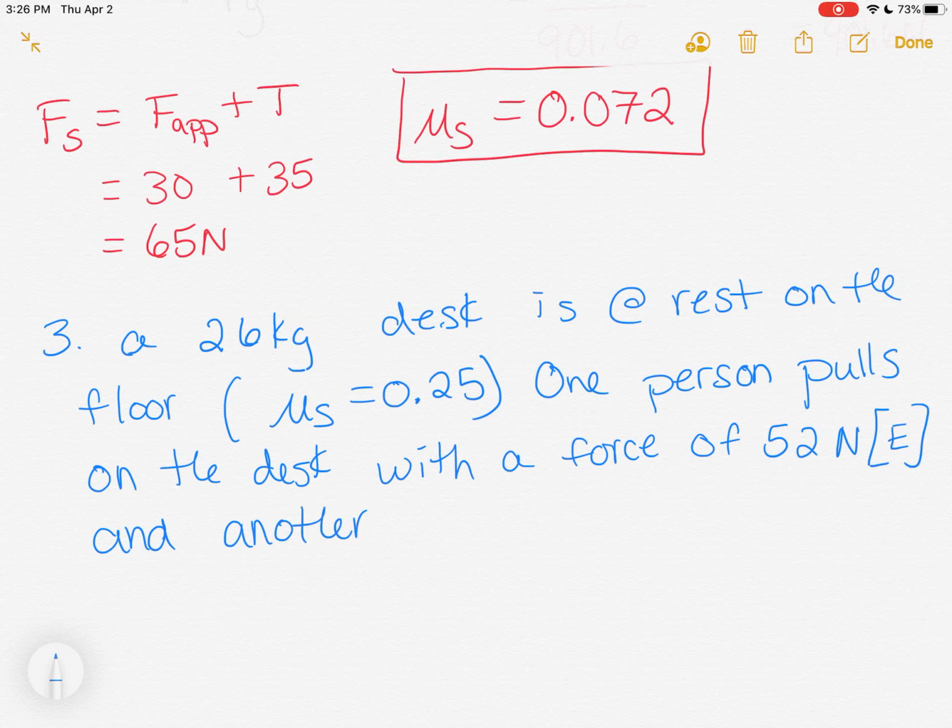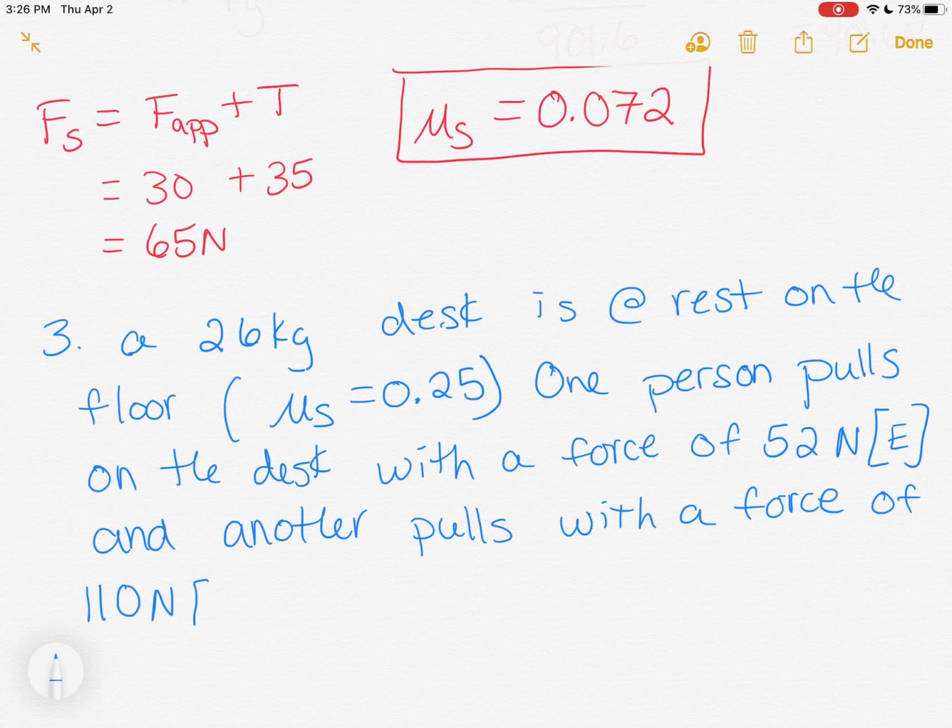And another person pulls with a force of 110 newtons to the west. And the question is, will the desk move?